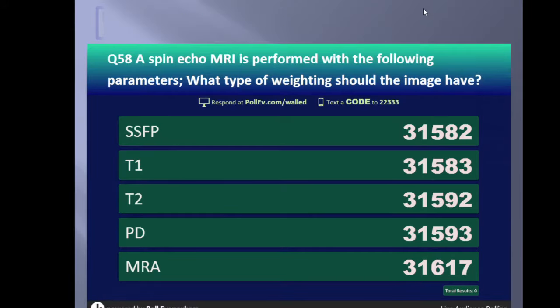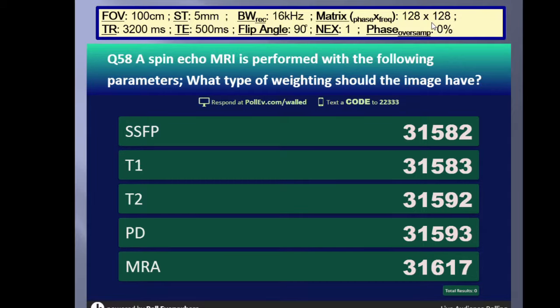Okay, spin echo MRI is performed with the following parameters. What type of weighting should this image have? Again, I'll point out the salient features here. Flip angle is 90, which we're ignoring anyway because it's a spin echo. The TR is 3,200, so 3.2 seconds. That's pretty long. And a TE of 500 milliseconds.